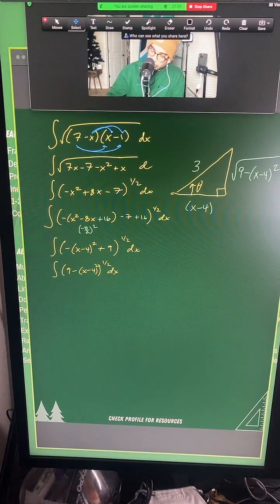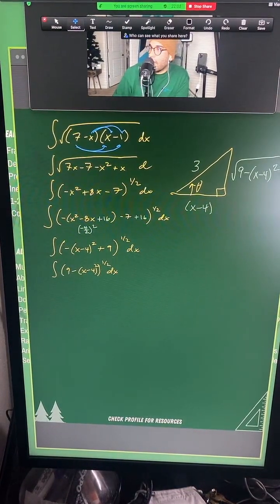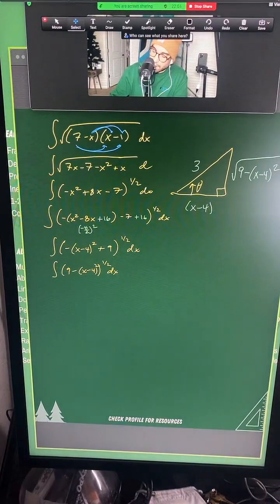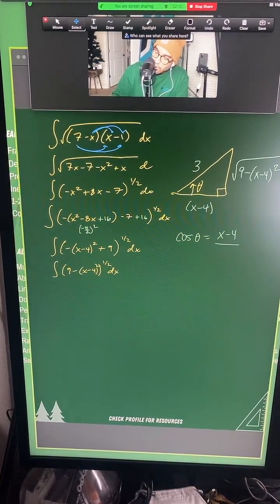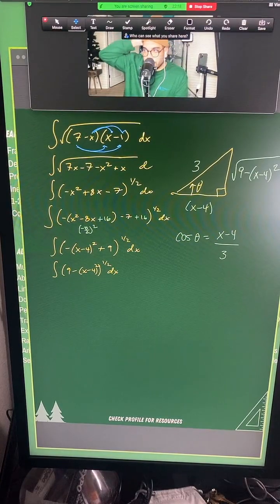Why am I even doing this? All right. One thing that I'm going to do is, oh, shoot. Okay. I'm just going to run with this because I kind of already messed up, but whatever. We're going to do this. Cosine of theta is going to equal, if we're looking at the triangle, x minus 4 over 3 because adjacent over hypotenuse.